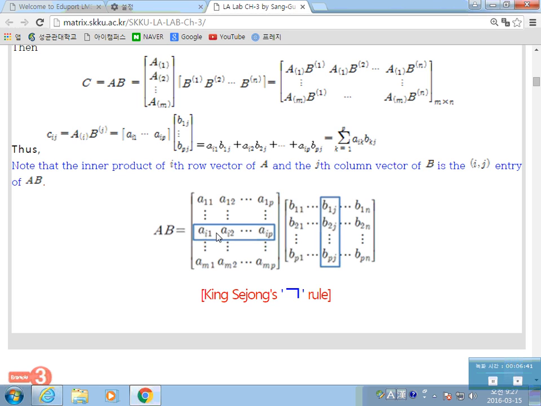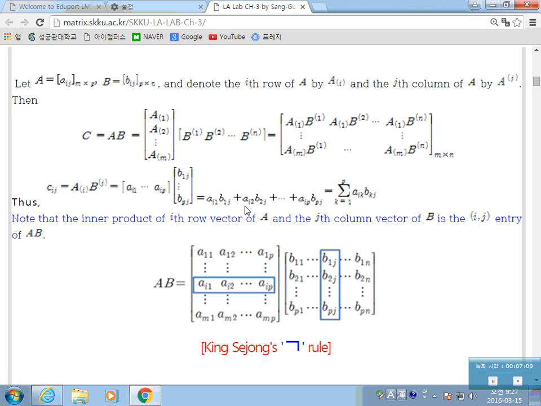The ijth entry of this matrix is the inner product of the ith row of A and the jth column of B. So a_i1 times b_1j plus a_i2 times b_2j plus up to a_ip times b_pj. This is what we define. This can be written as c_ij equals the ith row of A times the jth column of B. So you multiply this and this to get the ijth entry of the product matrix AB.